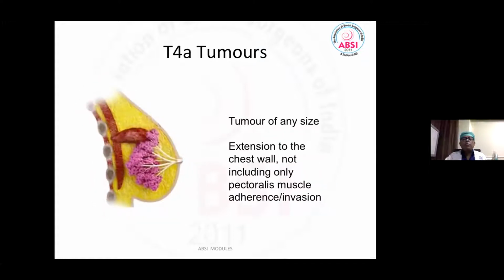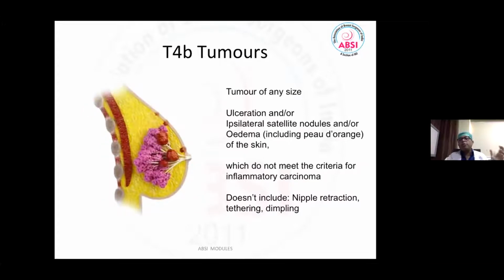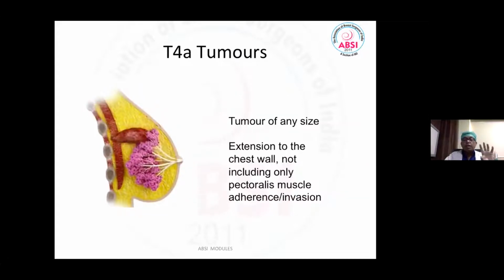There is no confusion. T4a is when there is a chest wall involvement. T4b, again for postgraduates, the important point to understand is that serratus anterior is part of the chest wall. Pectoralis major is not part of the chest wall because it's a sacrificable structure. So T4a means chest wall, not the pectoral group of muscles.